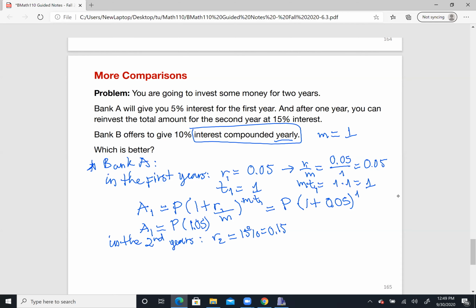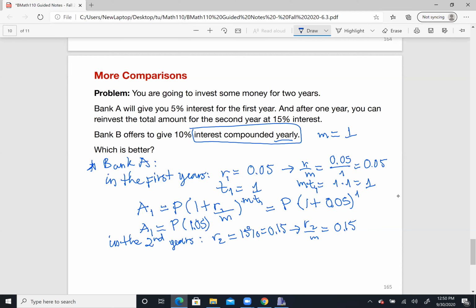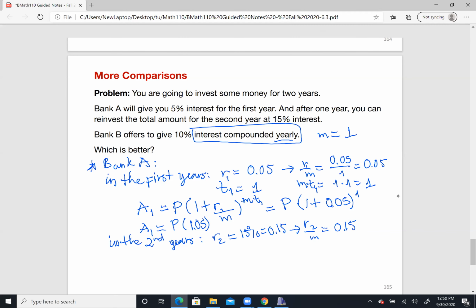And then I will still have R2 over M will still gonna be 0.15 because M is still equal to 1. So that is for R2 over M.